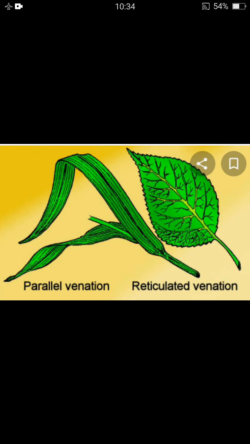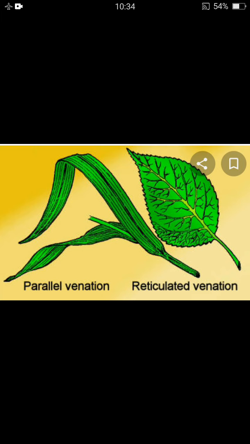When the veinlets form a network, the venation is termed as reticulate venation. You can see in the second diagram. Example, mango, banyan tree, etc. And the venation in a leaf can be in a different manner.